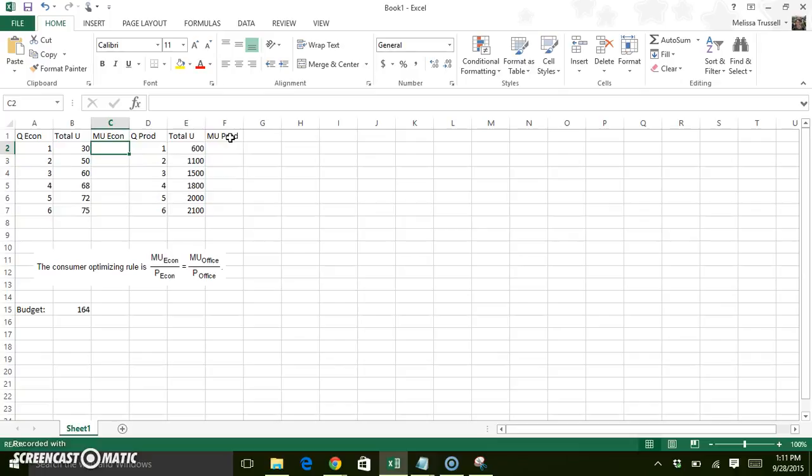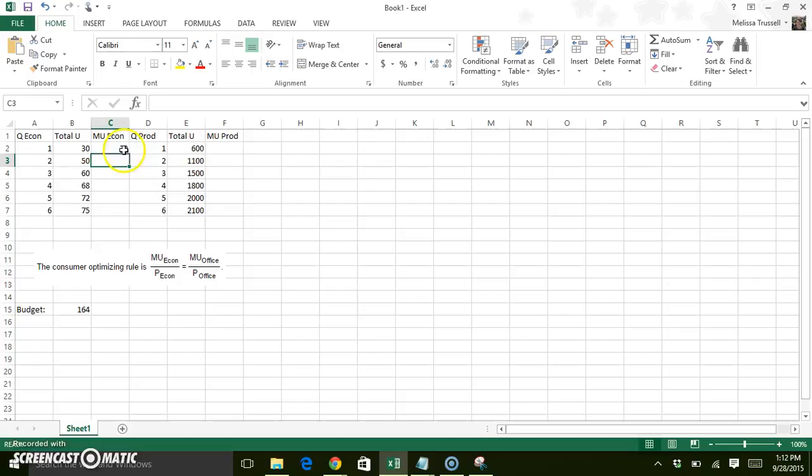Okay, so what they gave us in the problem was total utility. Remember that marginal utility is just the additional utility you get from adding one unit. So for our first unit, the marginal utility and total utility are equal to each other because that's how much utility we got from adding just one unit, from having 0 to having 1. So for econ, we get 30 utility units from just having 1.